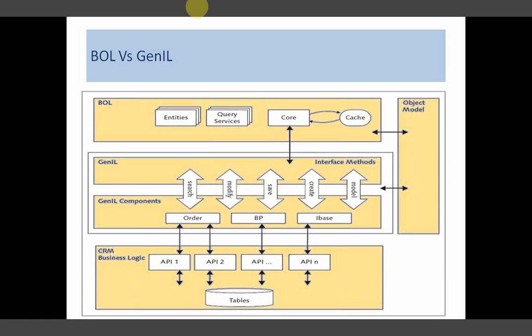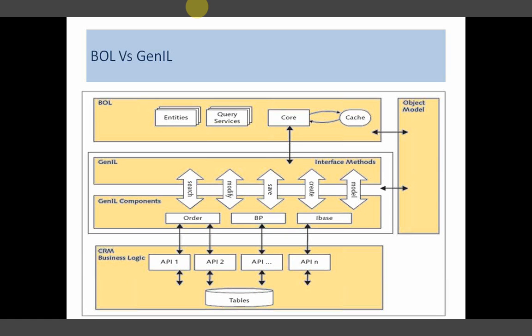So first, the model will directly interact with the core, and the core is instantiated by the framework, the API framework. Two points: the core object is created by the WebUI framework, and the model will directly interact with the core. Now the core will provide services like query services and entities. Another benefit that we get from the core is cache, so buffering.